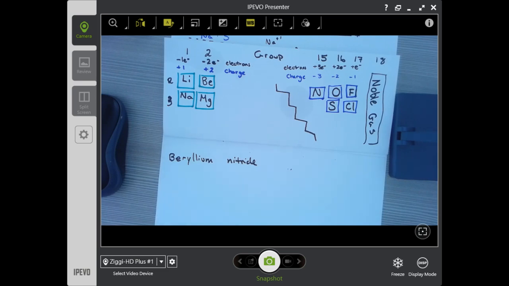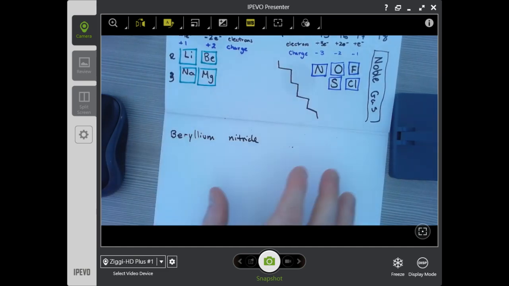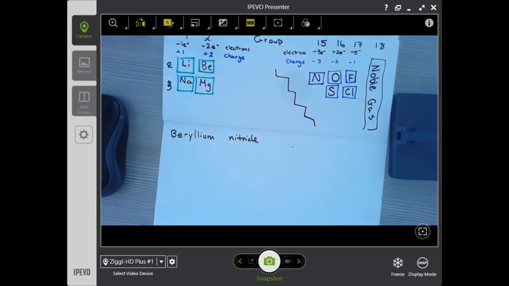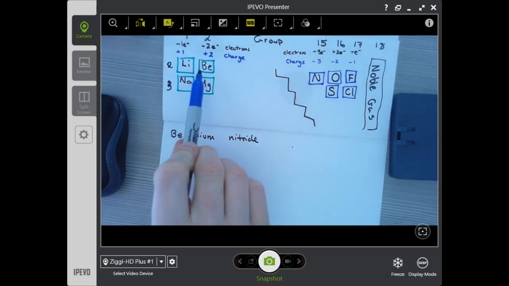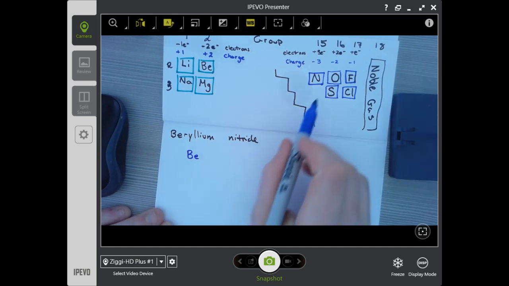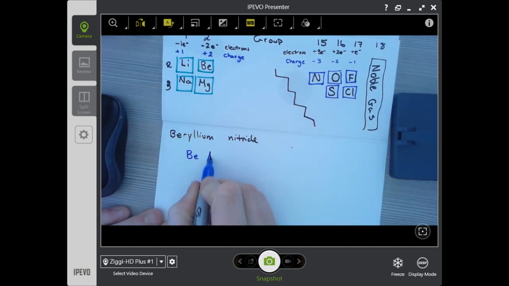Okay, so let's start again with what we need to know. First things first, beryllium is Be, that's our metal. And nitrogen is our nonmetal.